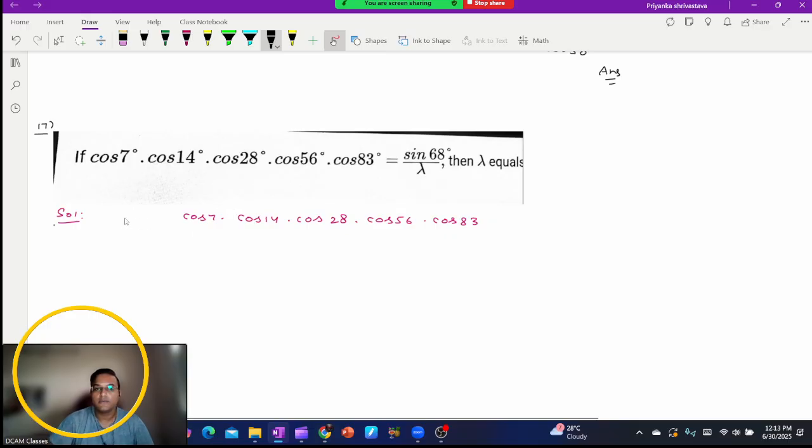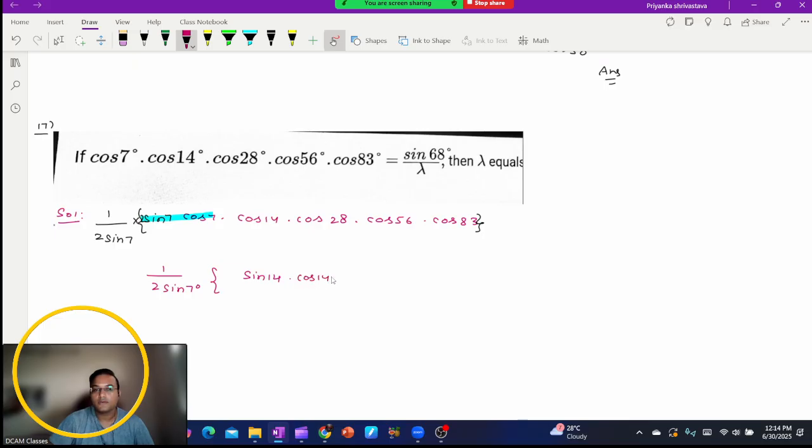You multiply with 1 by 2 sin 7 and multiply and divide with this. Now focus on this. So 1 by 2 sin 7 is there in the denominator. 2 sin 7 cos 7 is sin 14, since 2 sin theta cos theta is sin 2 theta.